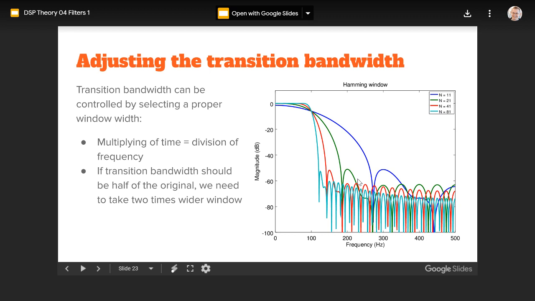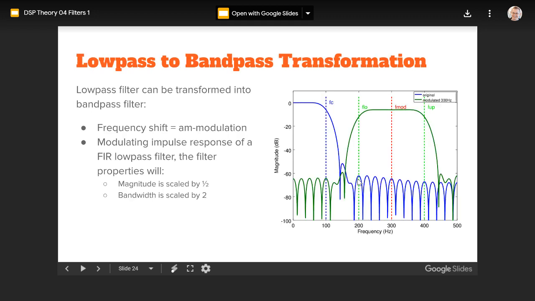So that actually shows 4 different values of the window width. We start from the blue one, 11 points, which is a 10th degree system. The green one is double that, so 21 points, meaning it's half of the transition bandwidth, and so on.